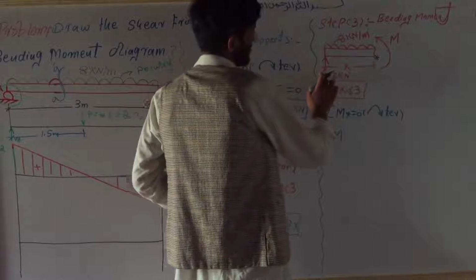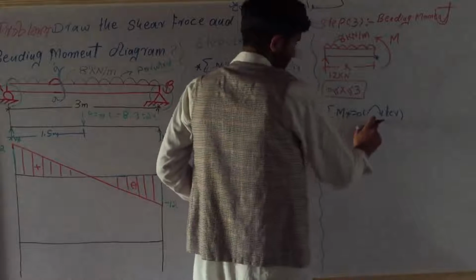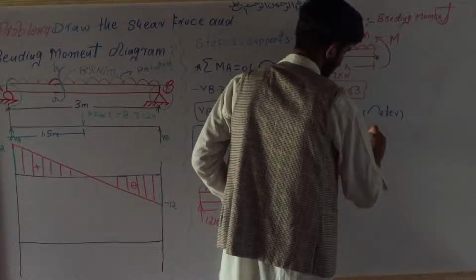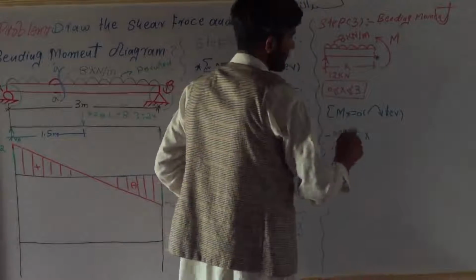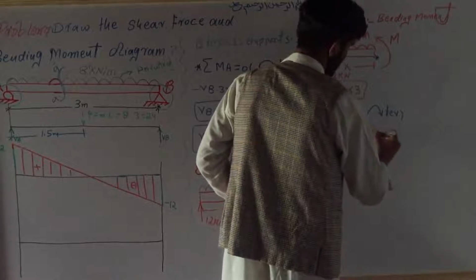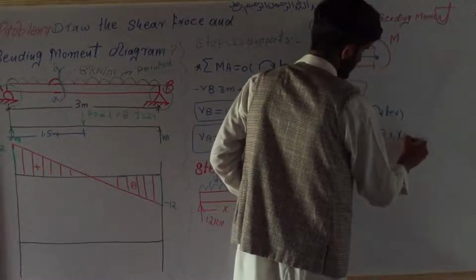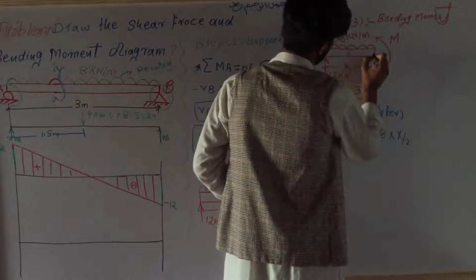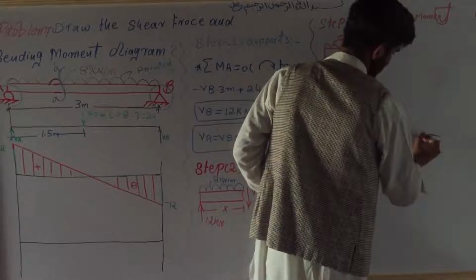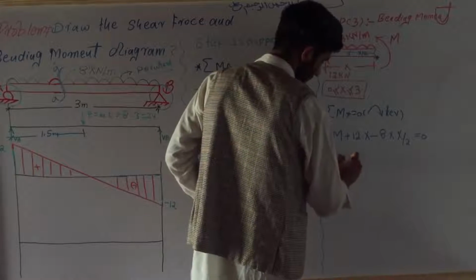This reaction direction equals our direction, so that's positive 12 times x, this x distance. And we have a uniform load also, in the negative direction: minus 8x divided by 2, at this distance. Okay friends, and equal to 0. We should solve this equation for M.